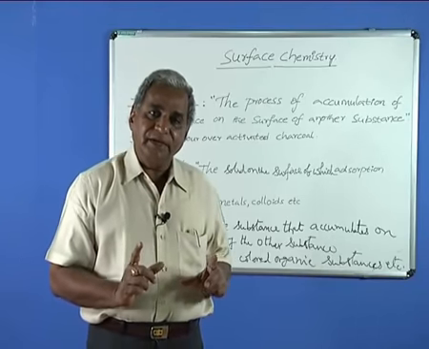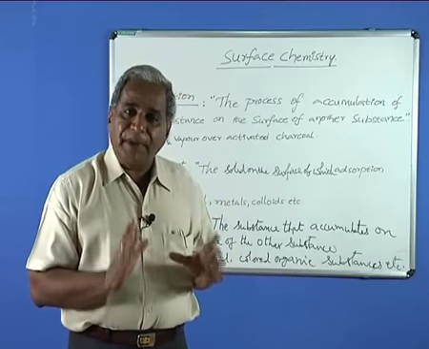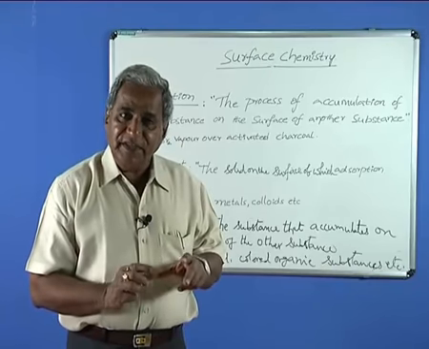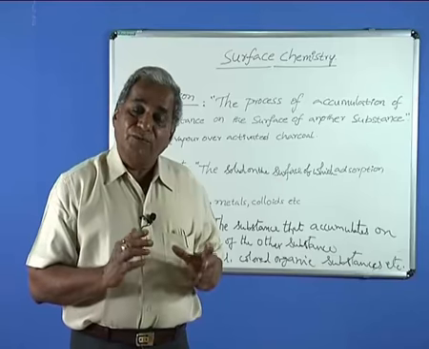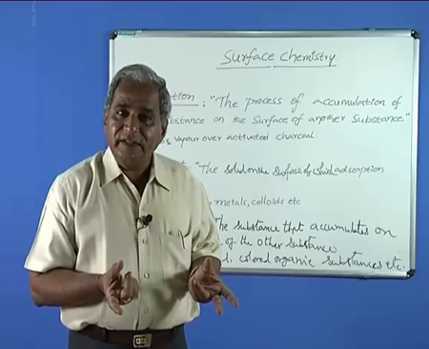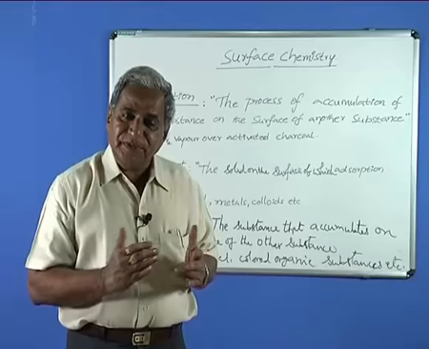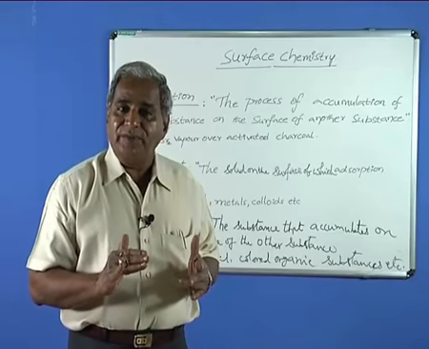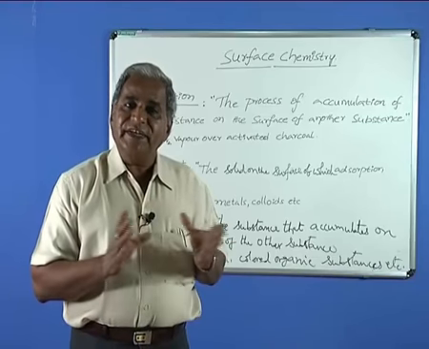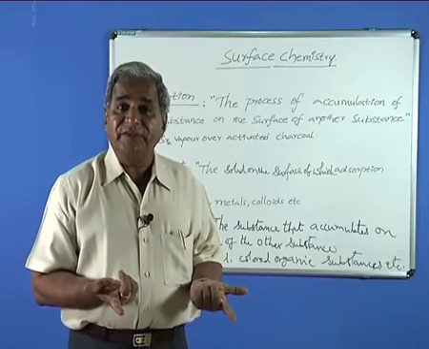For example, if you take palladium or platinum metal and pass oxygen over it, at the surface we find oxides of that metal forming. What does it mean? Here, oxygen splits into oxygen atoms and oxide is formed. That means it is a chemical process. Similarly, hydrogen gets adsorbed on the surface of the metal to form a hydride of the metal.